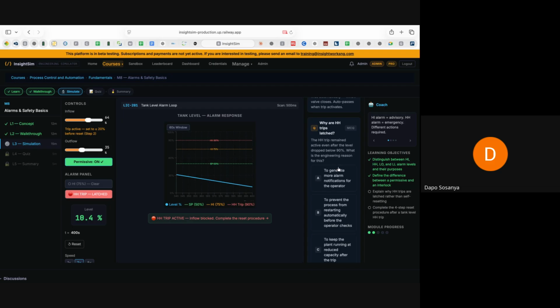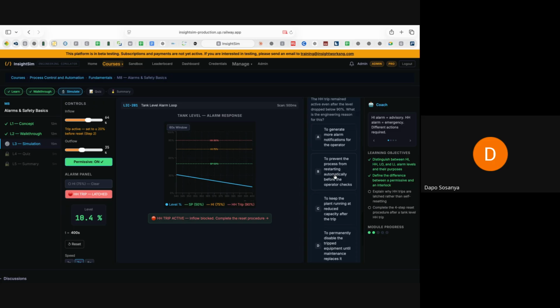What is the engineering reason for this? To generate more alarm notifications for the operator, to prevent the process from restarting automatically before the operator checks, to keep the plant running at reduced capacity after the trip, or to permanently disable the tripped equipment until maintenance replaces it.